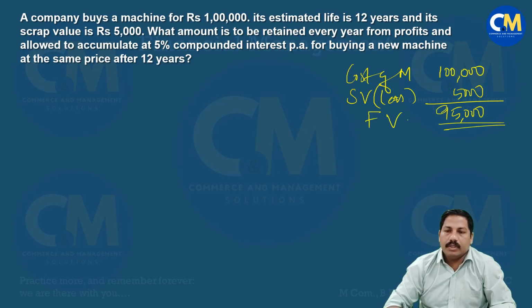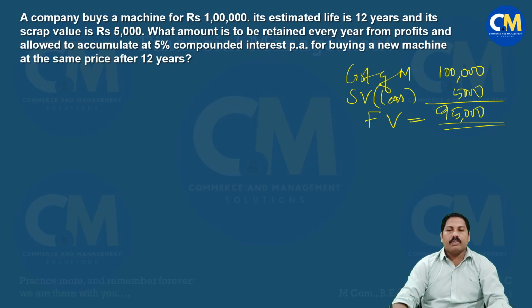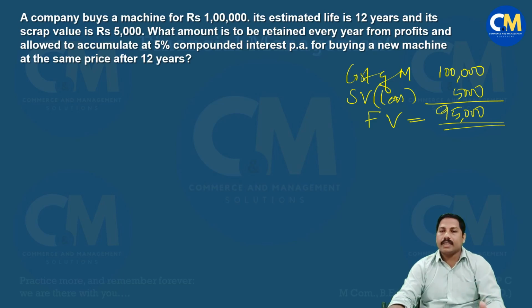So the future value is 95,000. To get the future value of 95,000, how much amount do they have to retain every year from their profits? That we need to calculate. Let's take it as P.